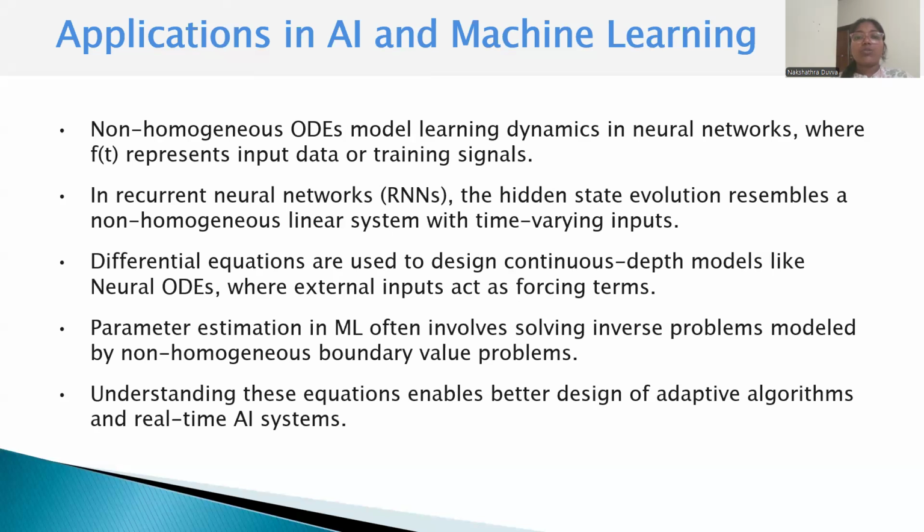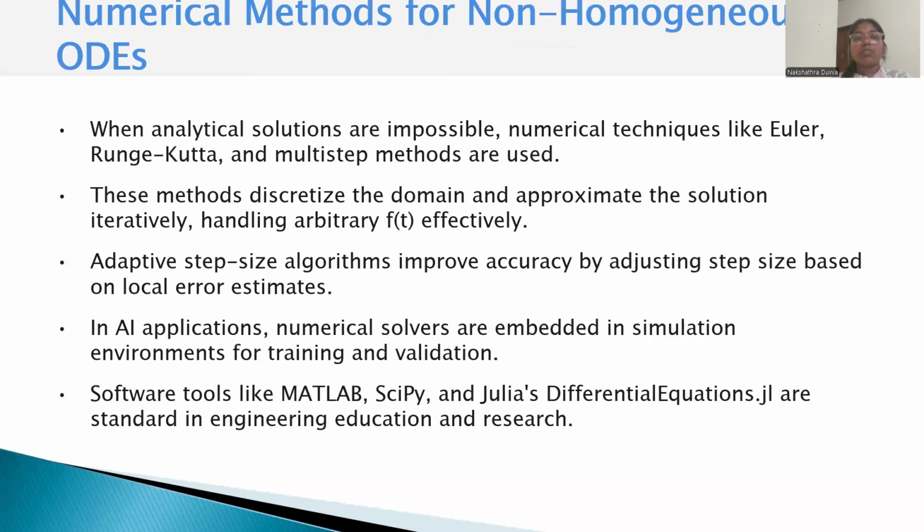Differential equations are used to design continuous-depth models like neural ODEs, where external inputs act as forcing terms. Parameter estimation in ML often involves solving inverse problems modeled by non-homogeneous boundary value problems. Understanding these equations enables better design of adaptive algorithms and real-time AI systems.